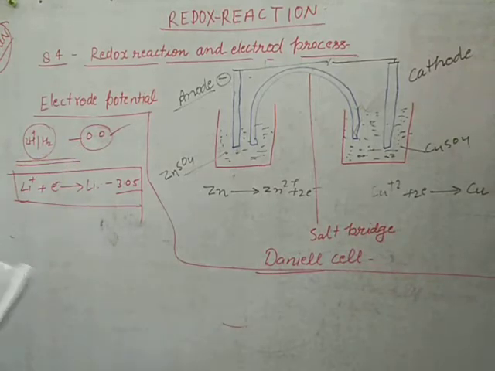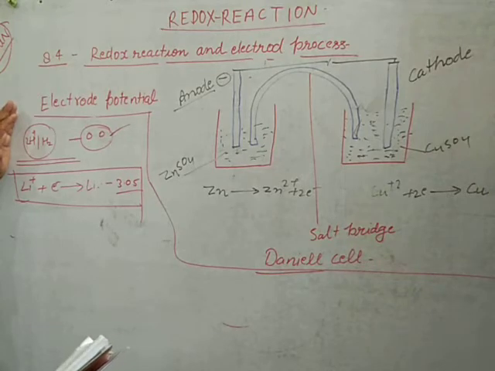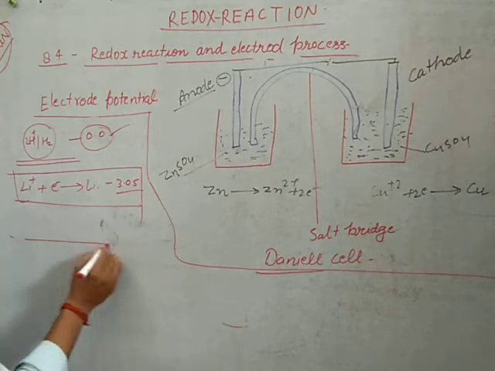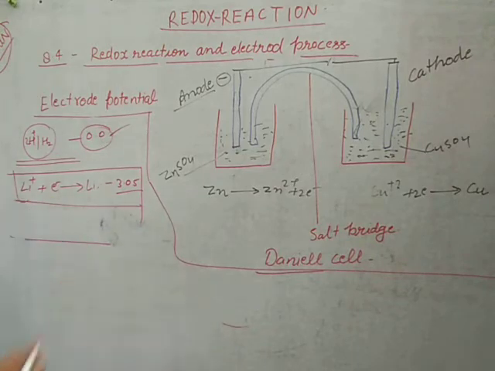On this basis we can say which one is a better reducing or oxidizing agent. For oxidizing, if the value is more positive than hydrogen, that is a better oxidizing agent than hydrogen.